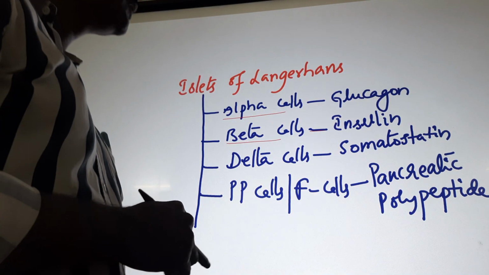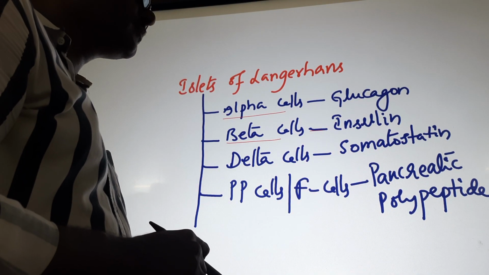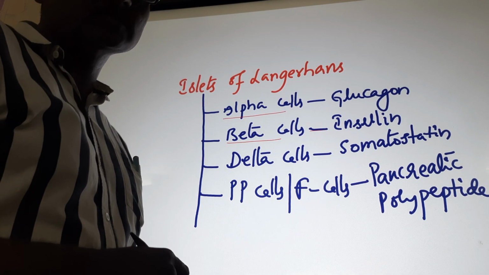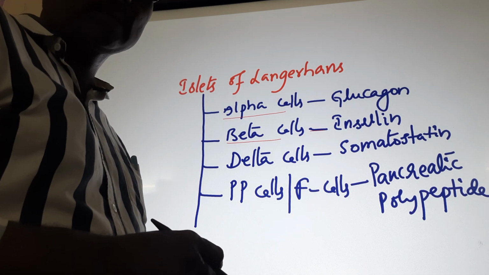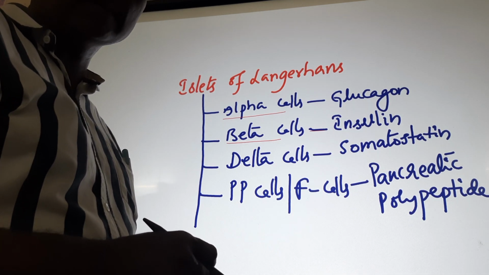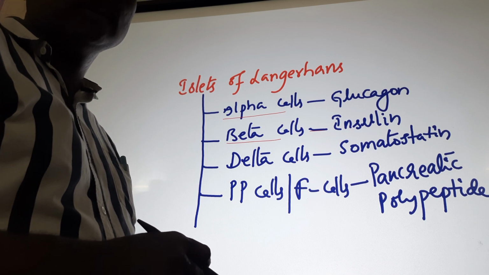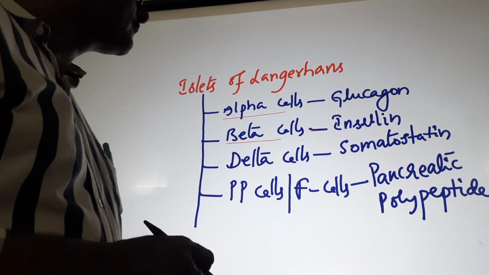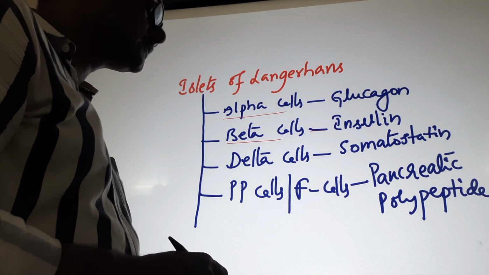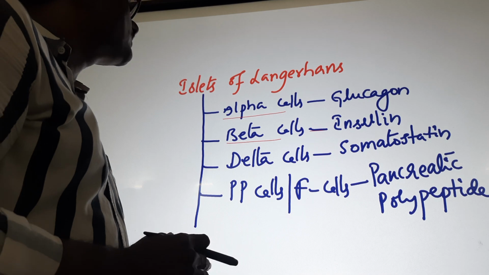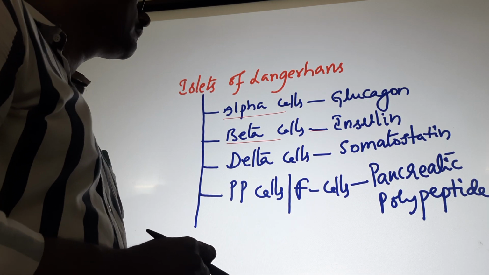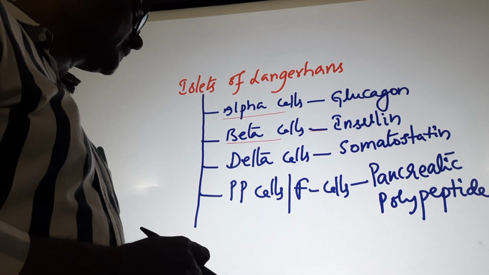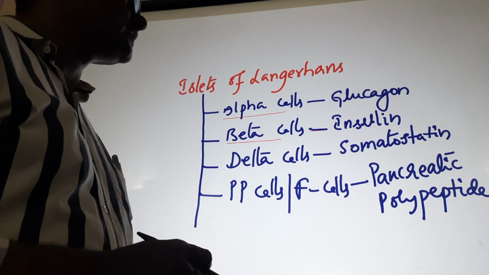So glucagon, insulin, somatostatin, pancreatic polypeptide. See here, islets of Langerhans. Who discovered islets of Langerhans? Paul Langerhans. They are clusters of cells present in the endocrine part of pancreas. Here, islets of Langerhans has four kinds of cells. What are they? Alpha cells, beta cells, delta cells, and pancreatic polypeptide cells, PP cells.